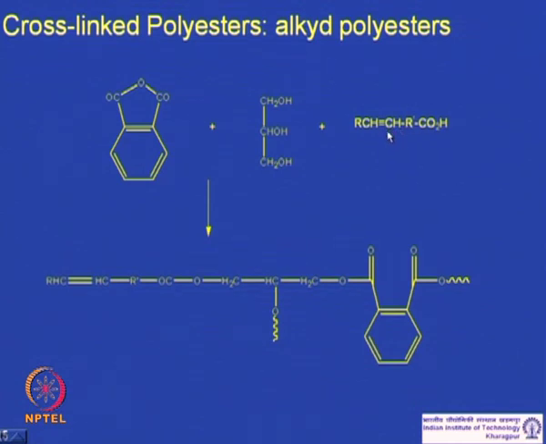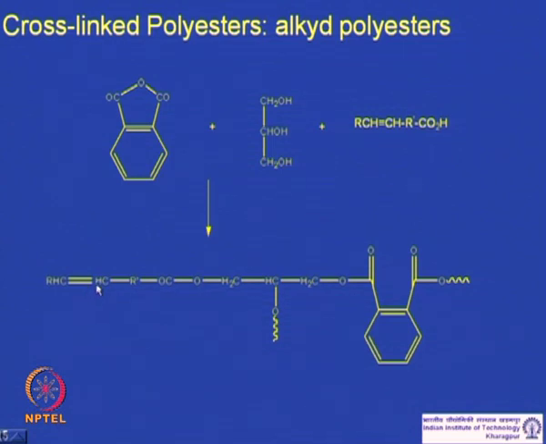These are typically available as fatty acids. There are lots of fatty acids which can be unsaturated, where you have an unsaturation or double bond on the other side, not necessarily at the end, but on the other side. Now, this double bond is free to undergo chain polymerization.